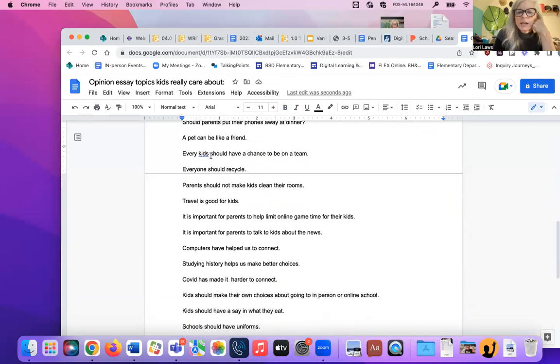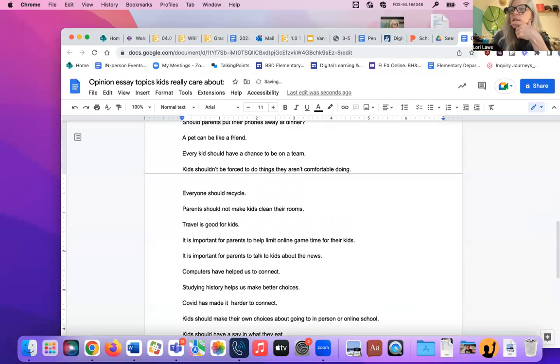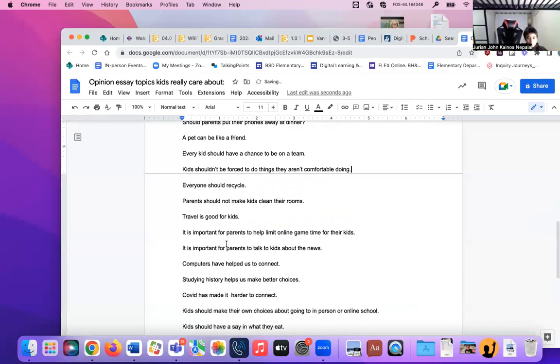Every kid should have a chance to be on a team, or kids shouldn't be forced to take classes they don't want, right? Kids shouldn't be forced to do things they aren't comfortable doing. Do any of your parents push you into taking classes or anything that you don't want to take? No. I see some yeses, some nos.